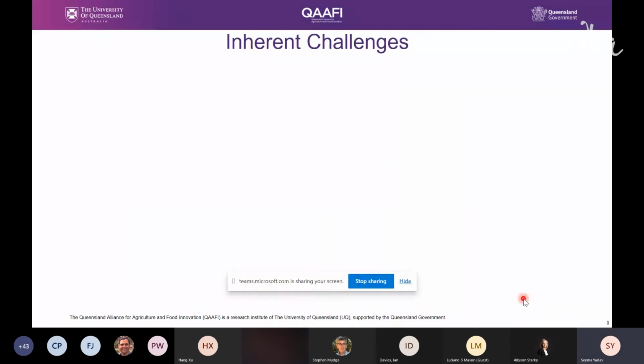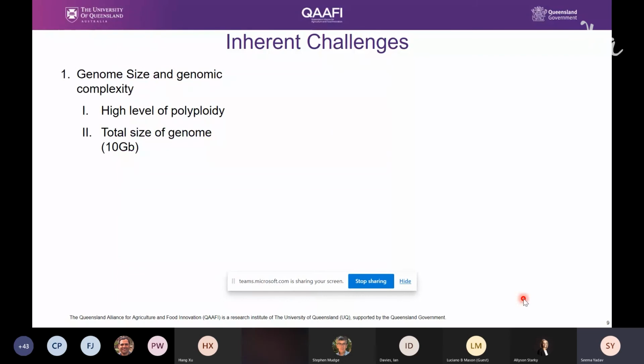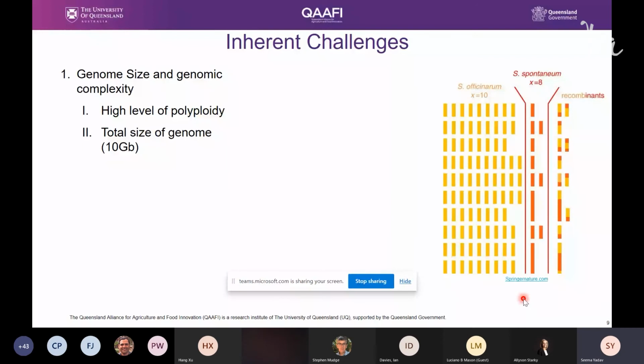So there are long breeding cycles and selection methods. There are also some biological challenges in the sugarcane breeding program. Sugarcane has one of the most complex genomes among plant species, and the genome size is quite big, around 10 gigabases. There is a high level of polyploidy, which means that at a given locus there are a number of alleles, segregating alleles, that make clonal breeding really challenging.